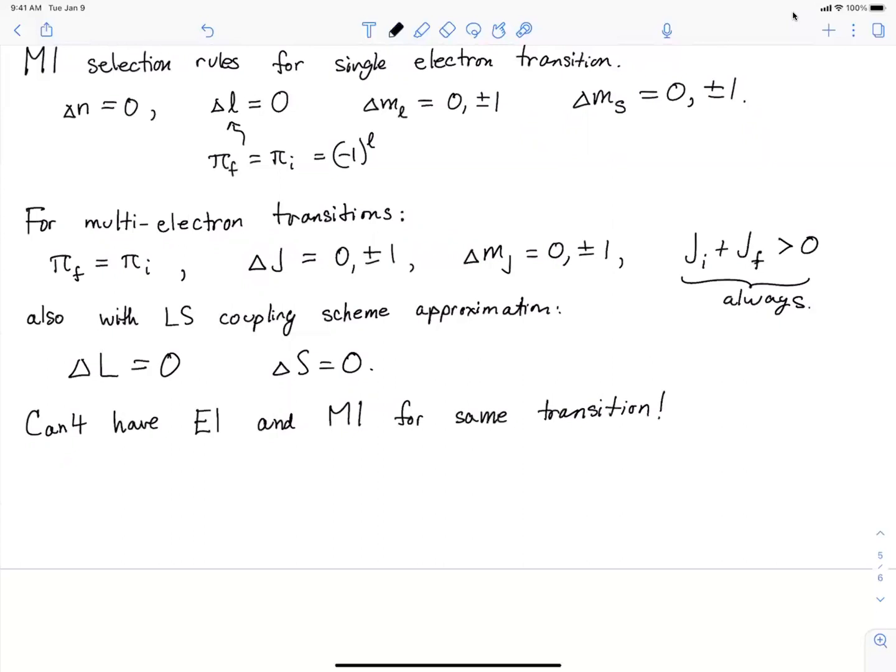Okay, and the easiest way to see that is just look at the parity selection rule. For E1, electric dipole always changes parity, and magnetic dipole never changes parity. Parity of the final state is always equal to the parity of the initial state. And so that's all you have to know that for a given transition, they can't both contribute.